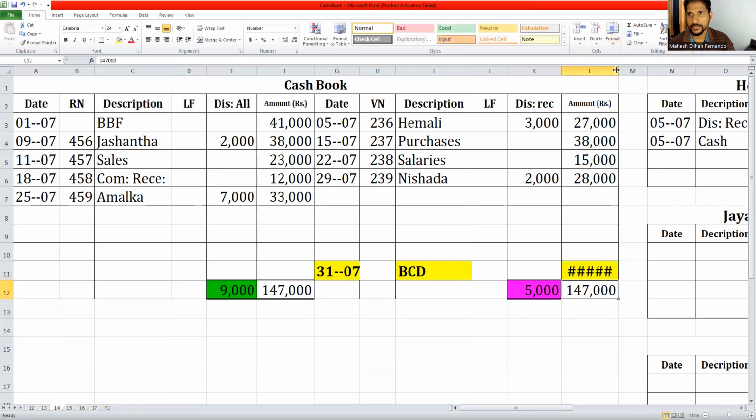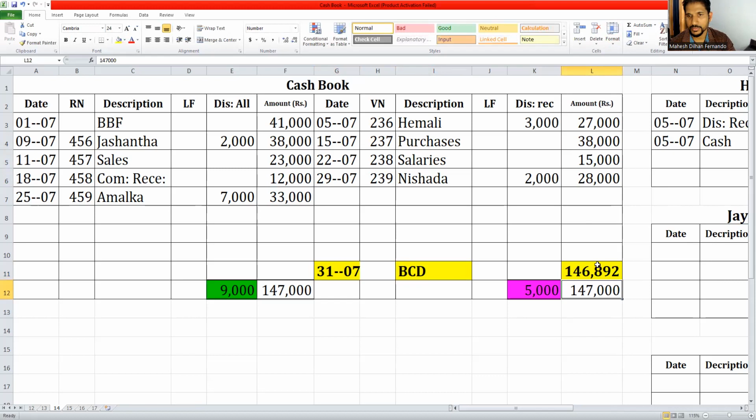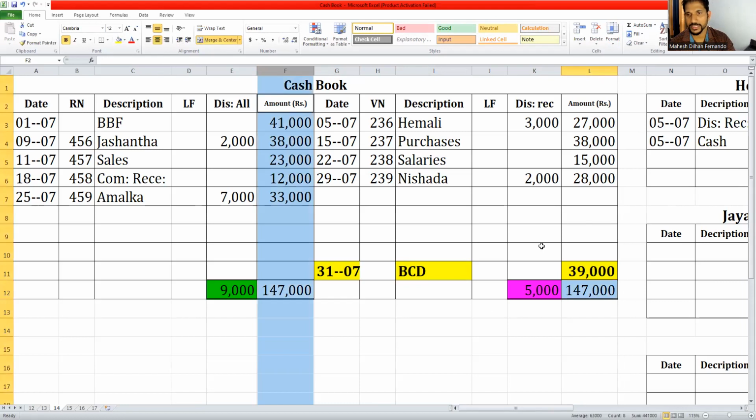It is, sorry, 39,000 rupees. Balance carried down 39. So the correct BCD is 39,000 in the cash book. Highly appreciate your hard work.